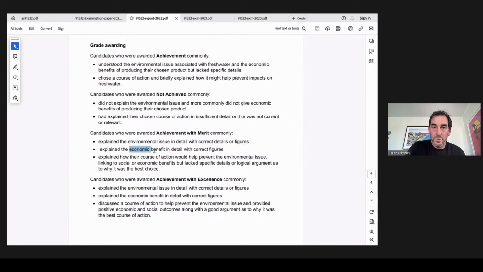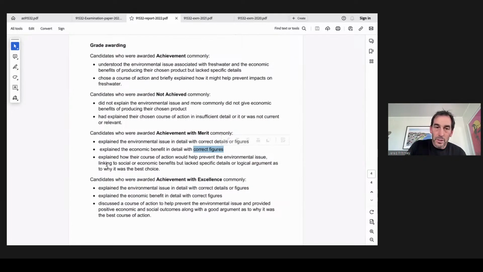Our economic benefit, so the less sciencey part now. If it was economic or social, political, now we're talking about regulation, or now we're talking about people factors, not as scientific, but we need to have figures to back it up. So how much employment, how much money is produced or exported from producing your primary product.